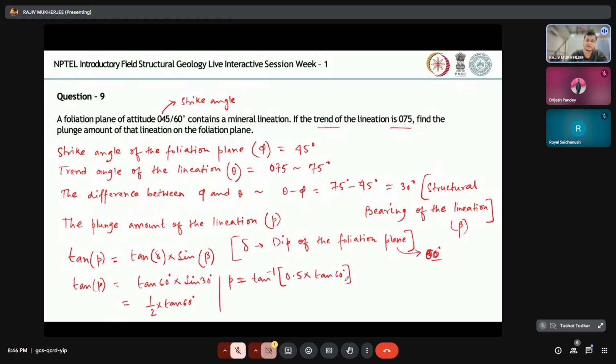So if I just calculate, can you calculate this value of tan inverse 0.5 into 1.732 and get me the answer of the angle?